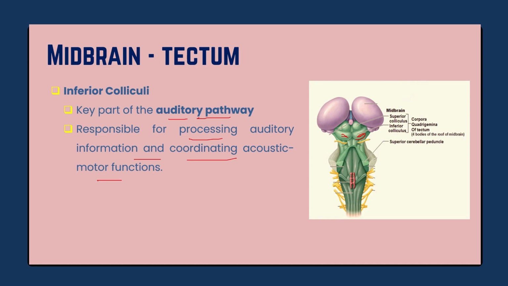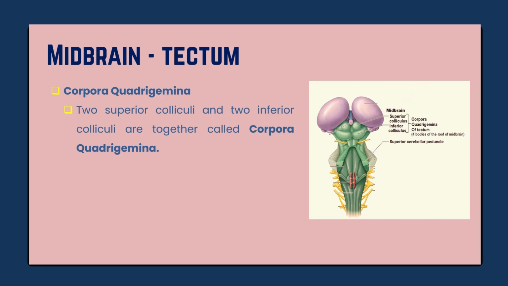So midbrain, we said it mainly functions on visual and auditory signals, right? So the visual one, what is it? Superior colliculi, and the auditory part, the inferior colliculi. The two superior colliculi and the two inferior colliculi together are called corpora quadrigemina.